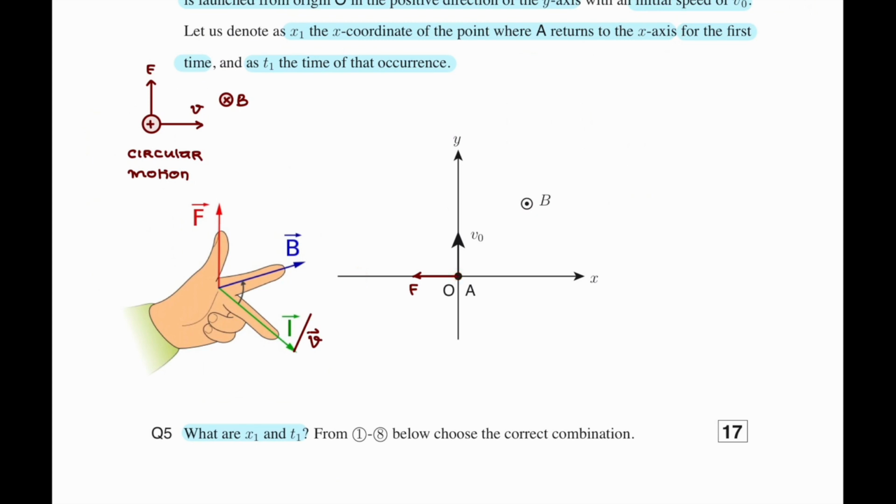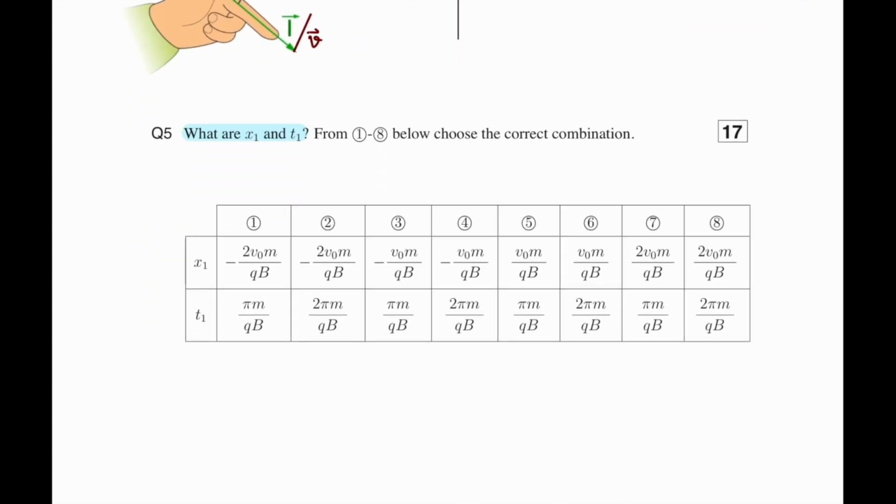That means the value of x1 here should be negative. So I think my answer is either number 1, 2, 3 or 4. It should be negative. This is the correct direction of x.